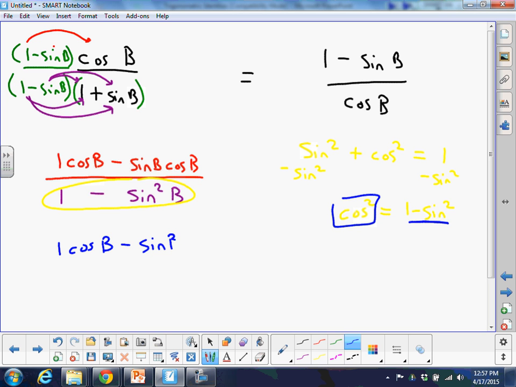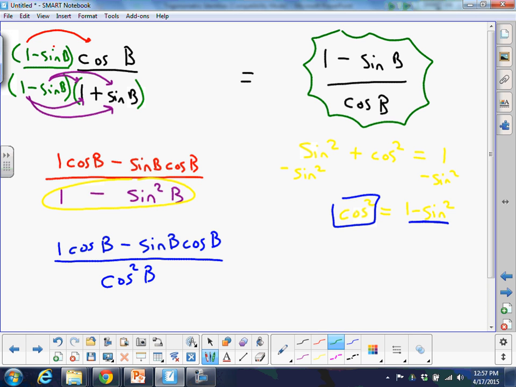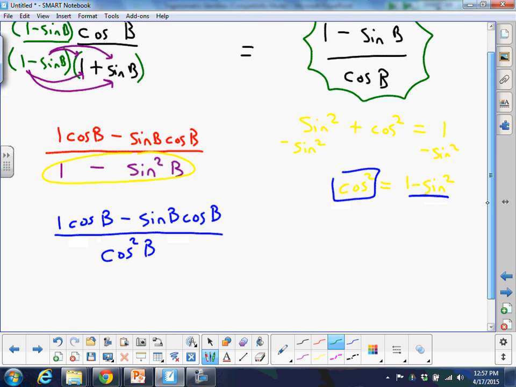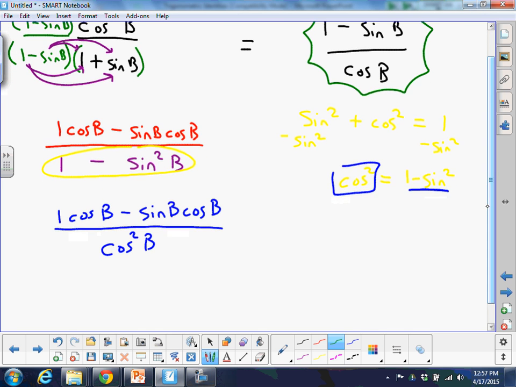Here's my numerator that we haven't touched in this step. The denominator is getting replaced by cosine squared b. Now's the time where I might want to look up at my other side and see what our goal is. I want it to look like this, and it looks fairly close. What we can do is notice the denominator needs to be cosine b.